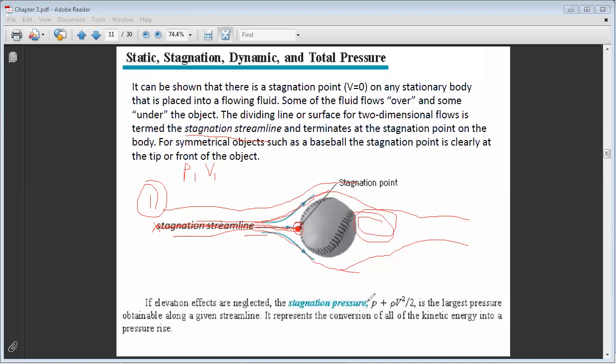The stagnation pressure will be equal to the static pressure at point 1 plus the dynamic pressure at point 1. For the stagnation point, all the kinetic energy will be transformed into a pressure rise, into flow energy form. So the pressure energy is termed flow energy.